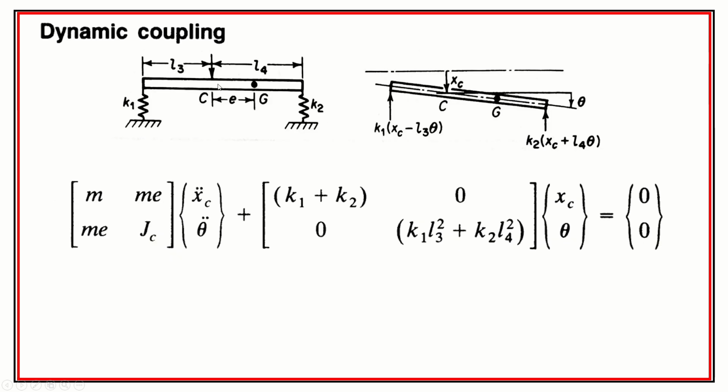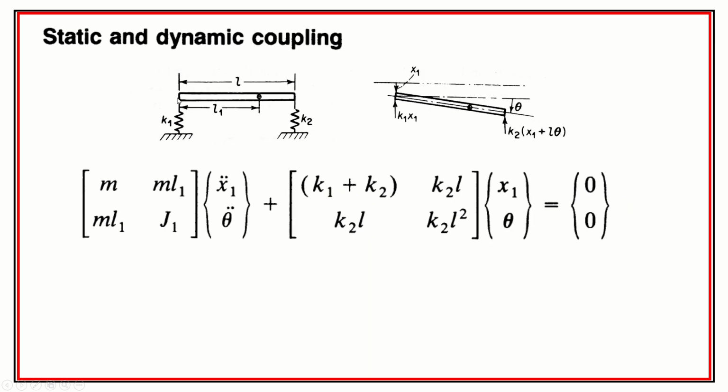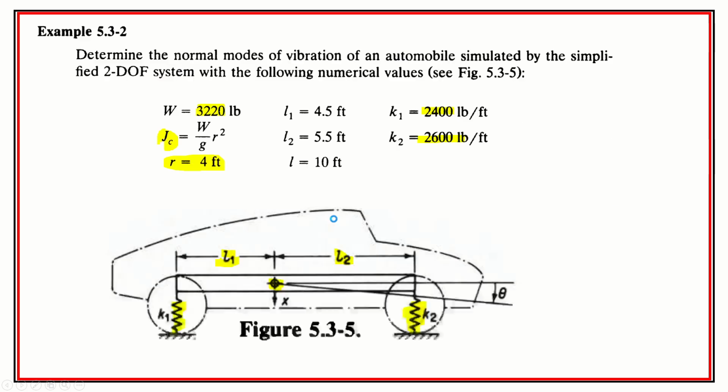Our next we chose, and we moved it over to this spot, and it gave us something that was dynamically coupled but not statically coupled. And then choosing to go over here far over to the left, we got something that was both dynamically and statically coupled.